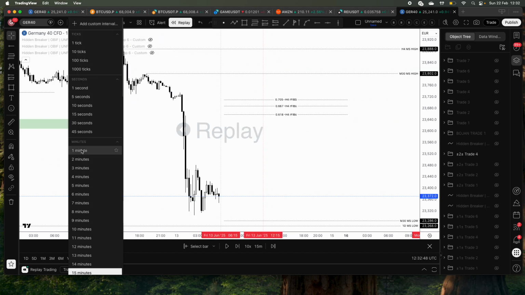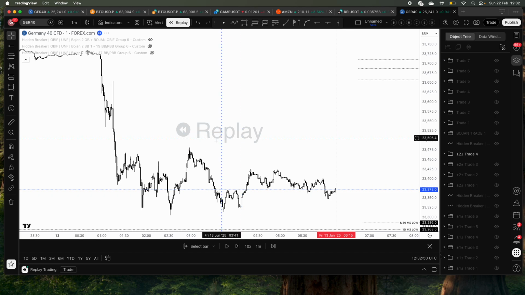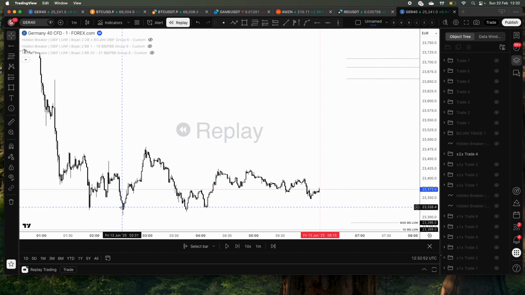So I know that in this range here, we actually have multiple swing fails of our 30-minute market structure.